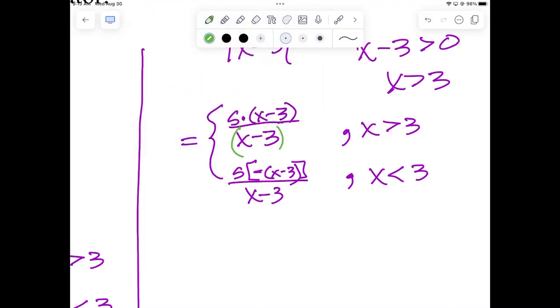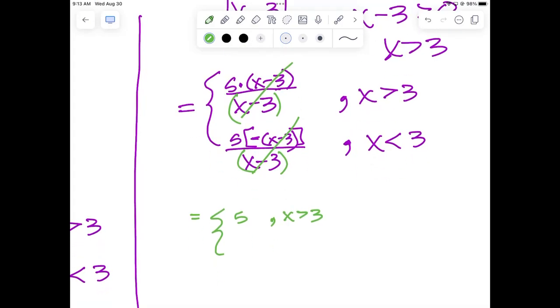This x minus 3 in the bottom, if I put it in parentheses, does what with the x minus 3 in the top? It divides out. And that leaves us a what? A 5. Okay? When x is greater than 3. What happens to the x minus 3's in the bottom part if you put the bottom in parentheses? They also divide out, and that leaves you a 5 times the -1, which is what? -5 when x is less than 3.